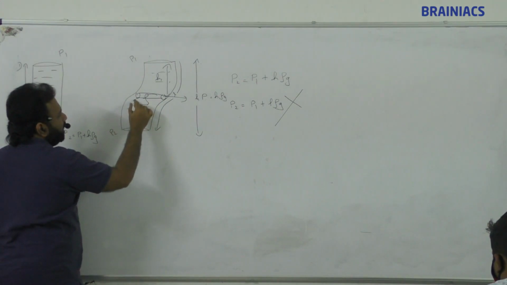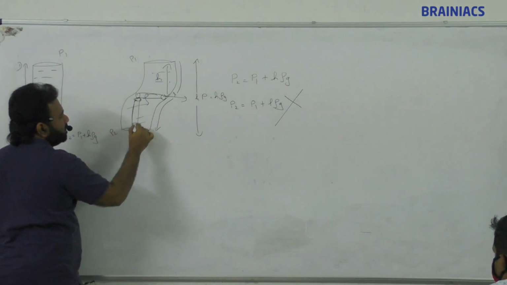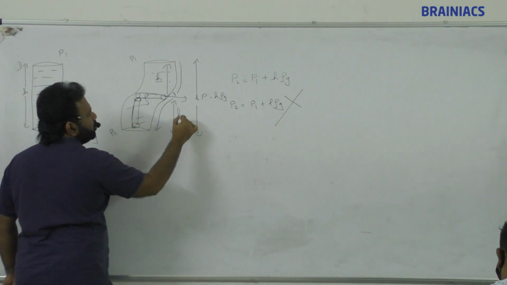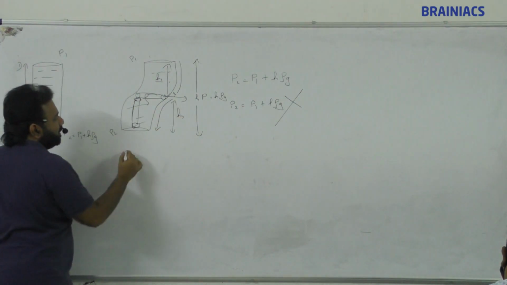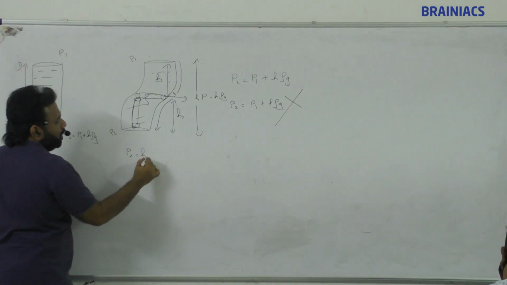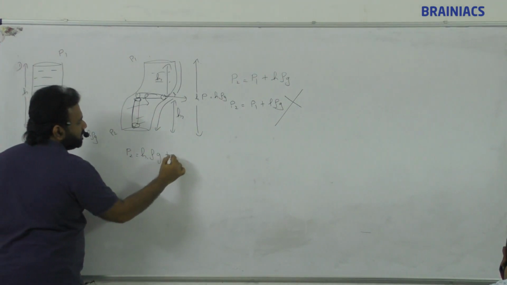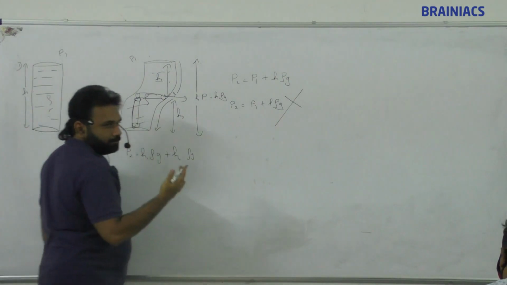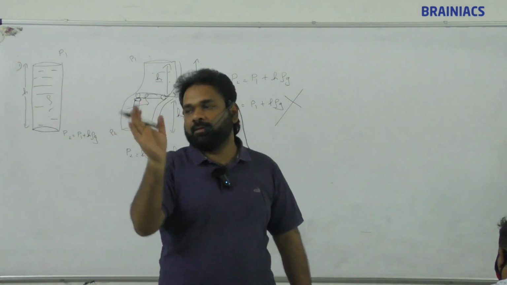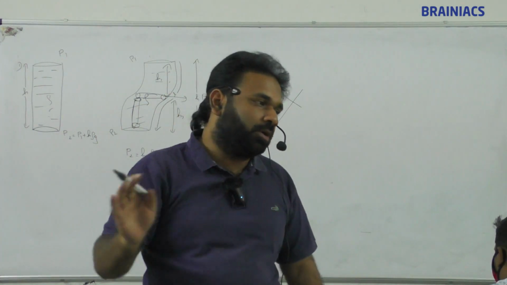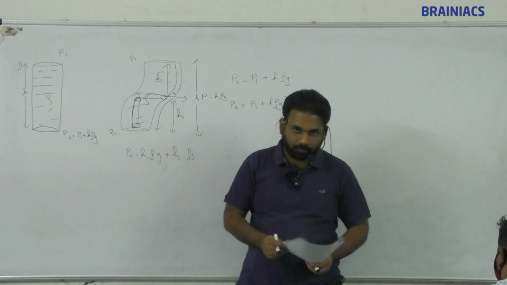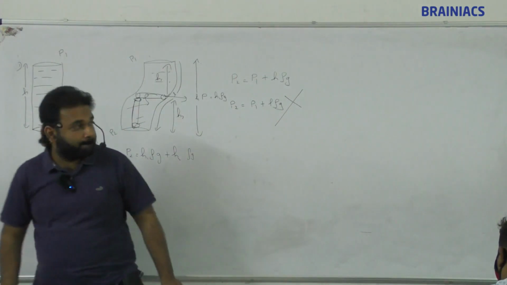Again if we take this one like this, this is H2. Then P2 is equal to H1 rho G plus H2 rho G, so H rho G. So that vertical change, twists, all these things we need not consider. Clear? Fine.